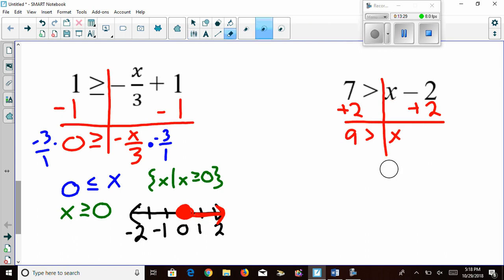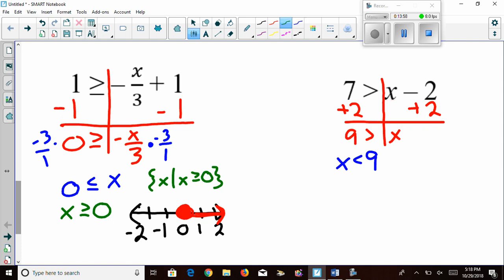What's awesome about this is actually a one-step inequality disguised in our set of multi-step inequalities. Since it's only a 1 in front of that x, I don't need to multiply or divide, but I do need to swap my x over to the left so that x is less than 9.